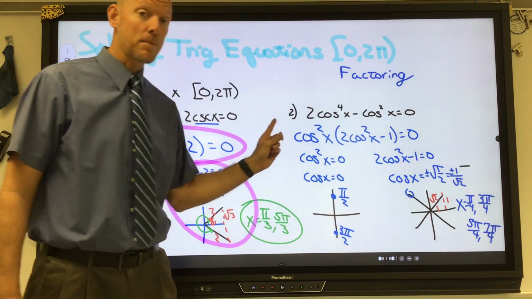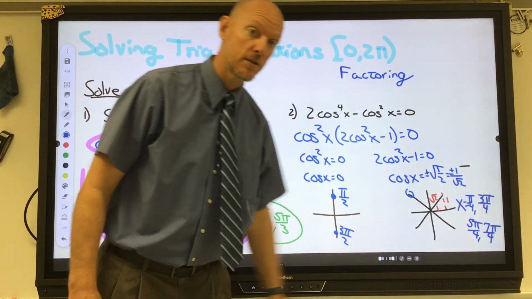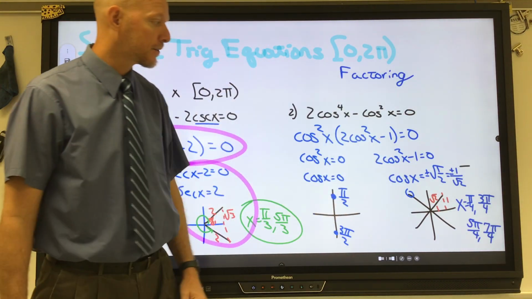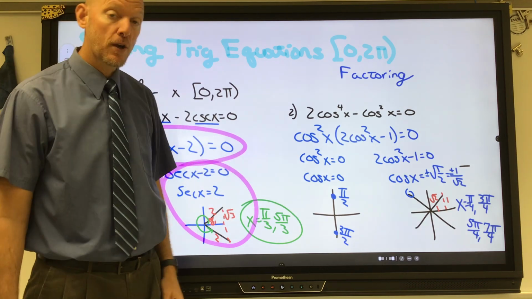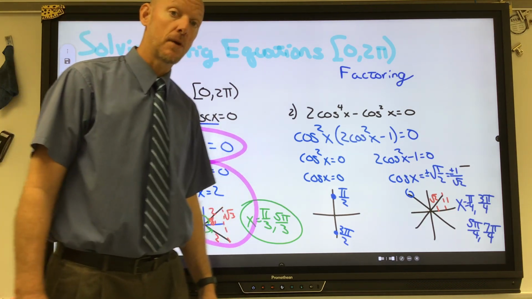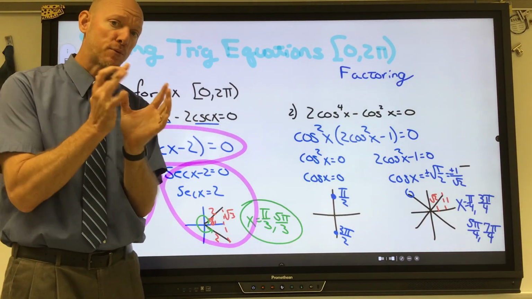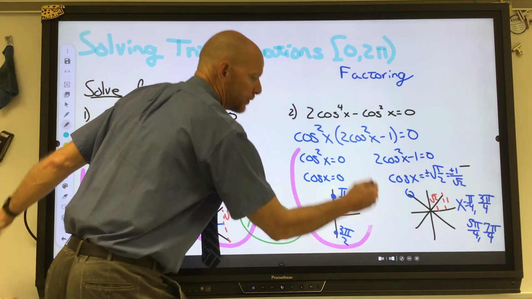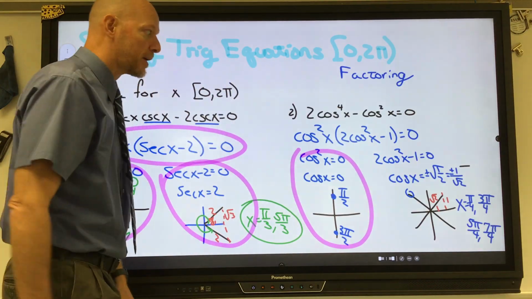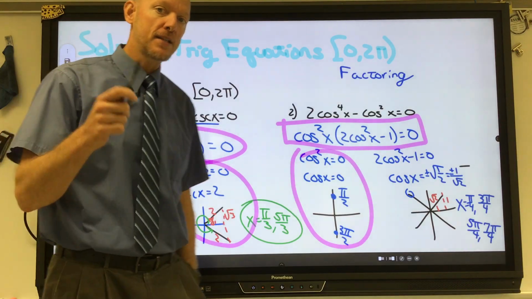So in this second problem, you can see we actually have 6 solutions: 4 from our factor of 2 cosine squared x minus 1, and 2 from cosine squared x being equal to 0. We tie back to a lot of our previous knowledge, but before we get into our comfort zone of solving with inverse operations, we first have to get that factored form and apply the zero product theorem.